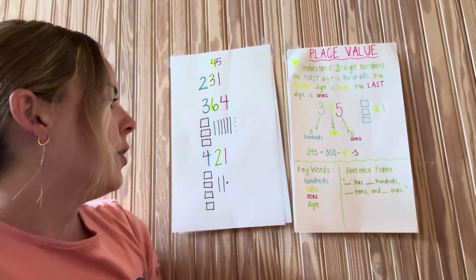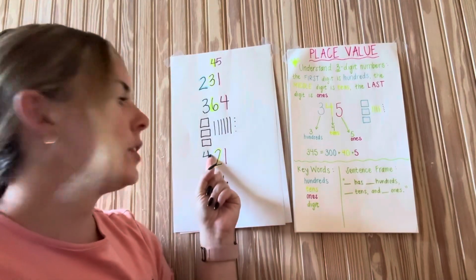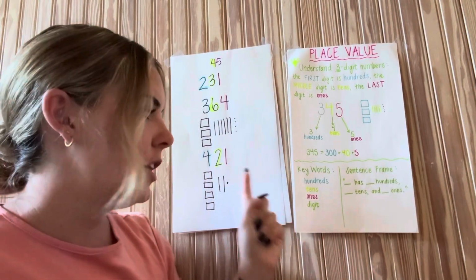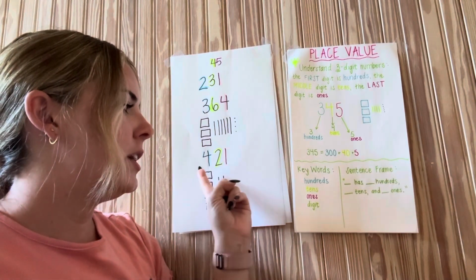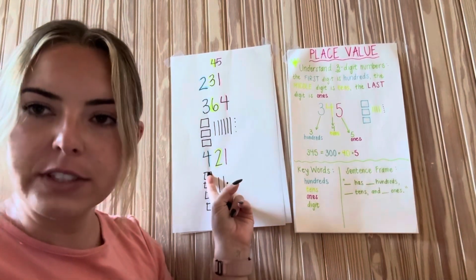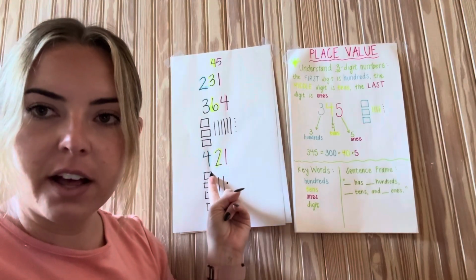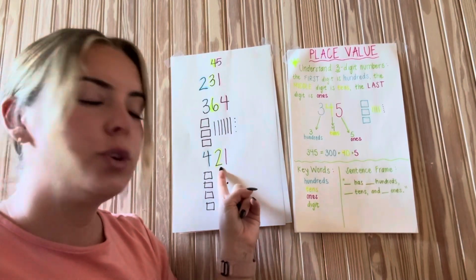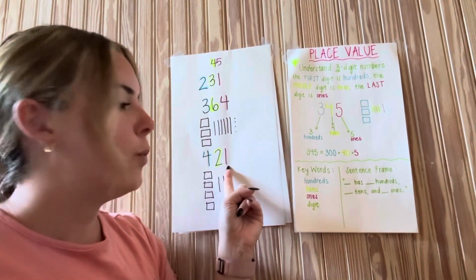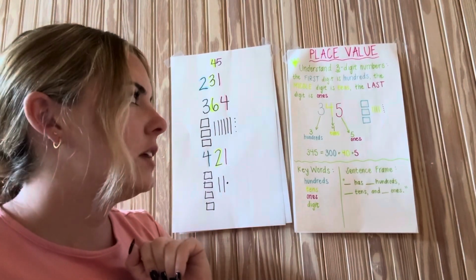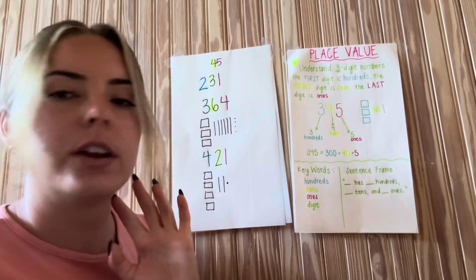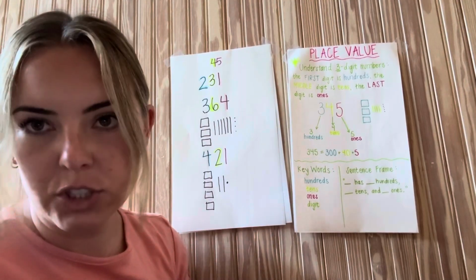Okay. So if we break down this number, 421, looking at our sentence frame, 421 has, say it with me, 4 hundreds, 2 tens, and 1 ones. Okay, so now we're going to break down this number in a little bit more of an abstract way using equations.